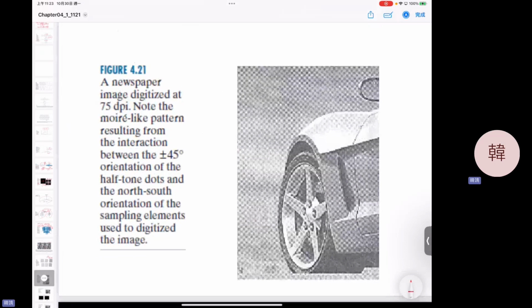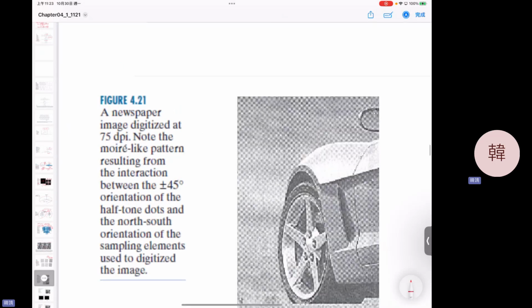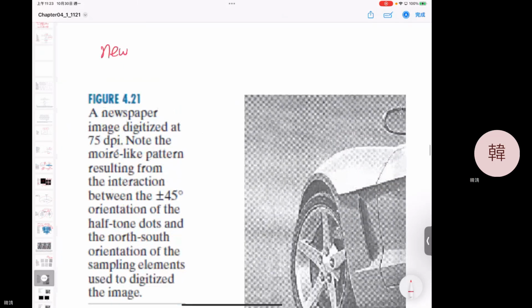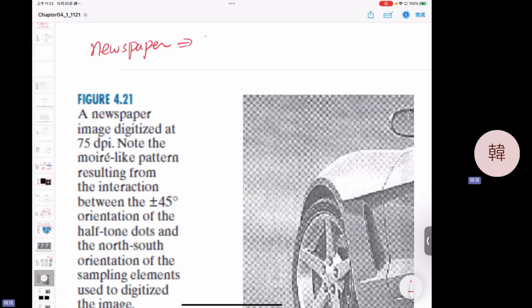This is a newspaper image. Okay, some magazine image. And for the newspaper, we always use halftone dots to print out your image. And the newspaper resolution is 75 halftone dots per inch.